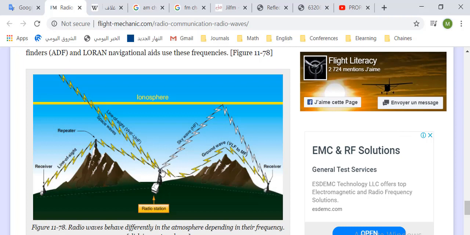This is the ground wave propagation. The signal will go by the Earth, around the contour of the Earth. This is diffraction. Here the signal is getting diffracted, which means it changes direction until it reaches the receiver. So this is what you call the ground wave propagation.